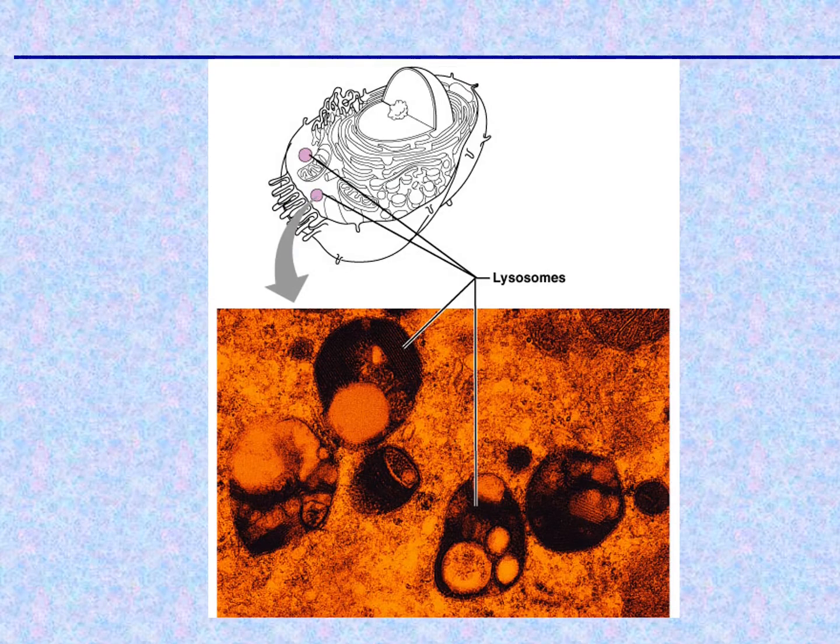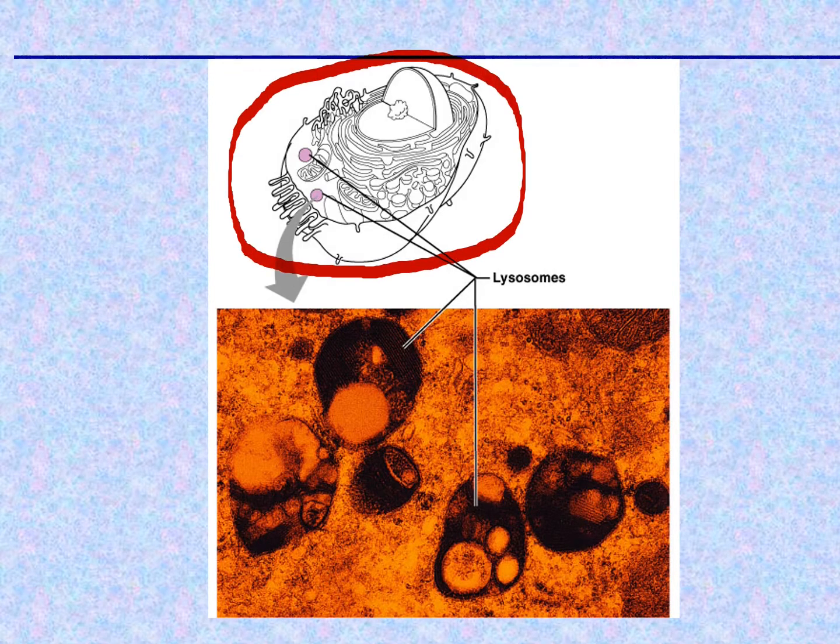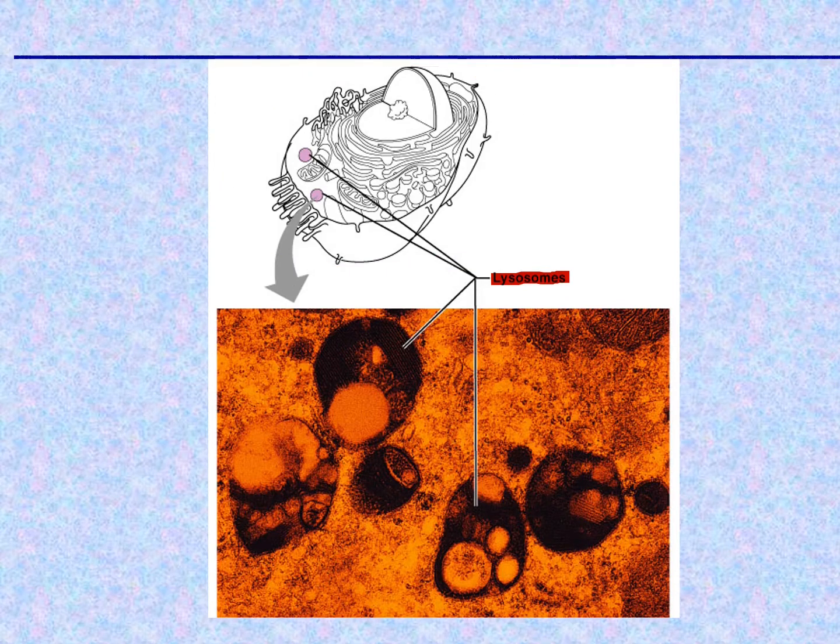Here you see an electron micrograph of some lysosomes inside a cell. Remember, this is our generalized diagram of the cell. They've taken all the color and detail out and are just highlighting the lysosomes. But you should easily be able to look at it and identify the different parts.